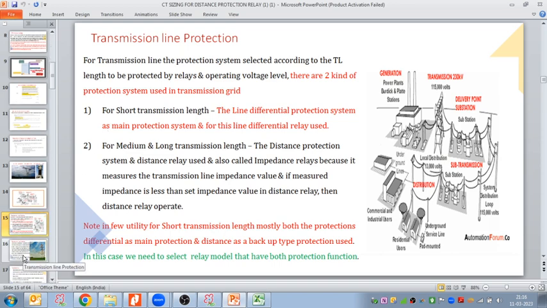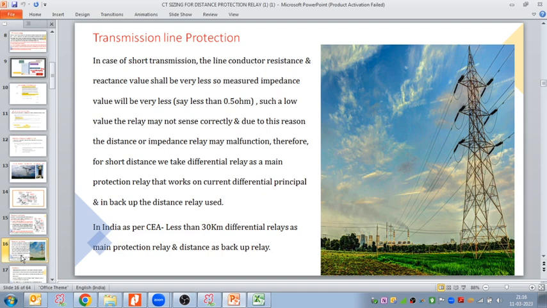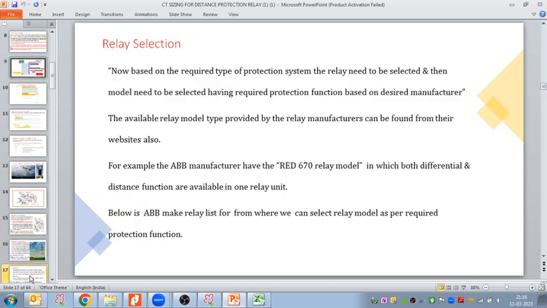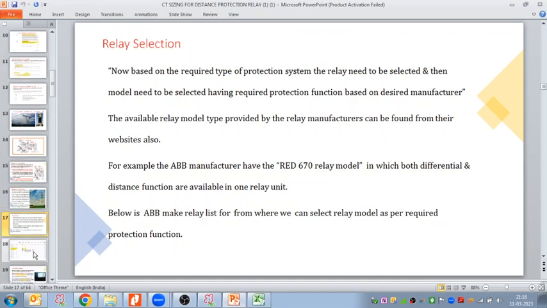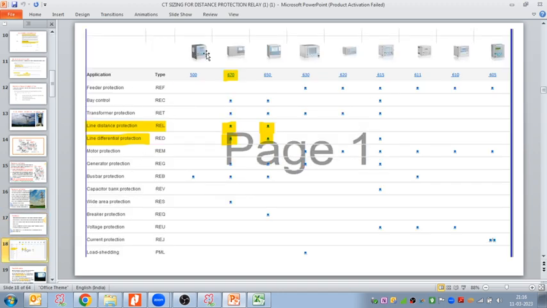Okay, so transmission line length. Now we are entering into the CT sizing calculations for any transmission line. The relay selection we already discussed yesterday. These are the relay models, and we can see which relay model we use for which application. For line protection, if we have differential protection, we can use RET670 or RET650.